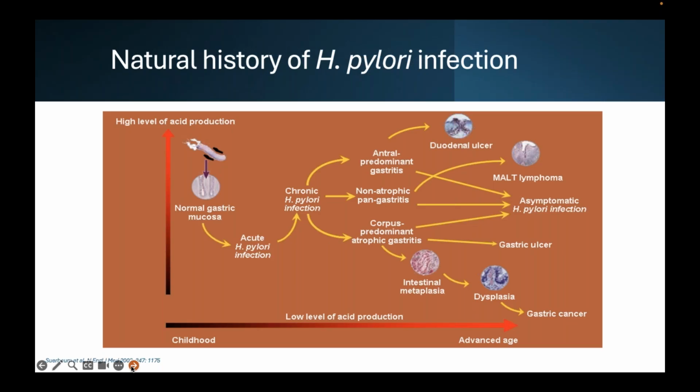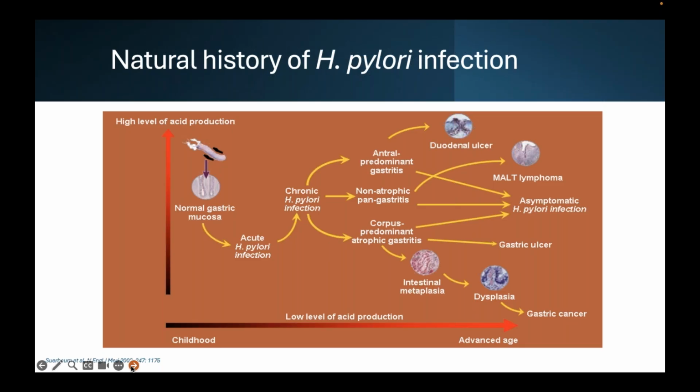Following this, over the next decades, there are a variety of different outcomes, partially related to which part of the stomach is involved in the infection. So at the top of that middle part of the slide, if the infection mainly remains in the antrum, the most distal part of the stomach, acid secretion tends to be high, and this is the phenotype associated with duodenal ulcers.